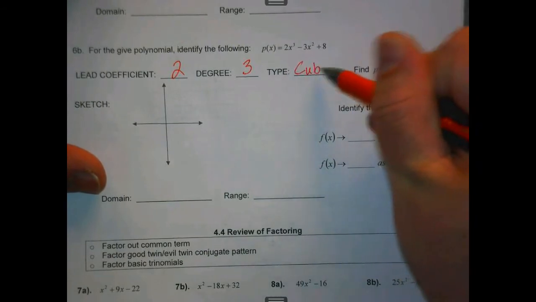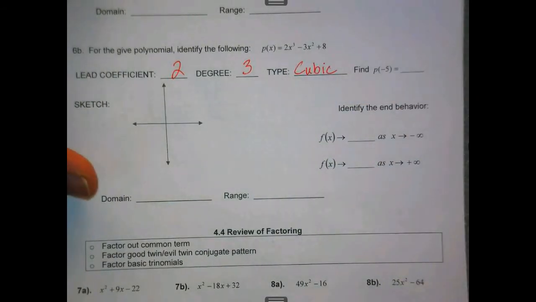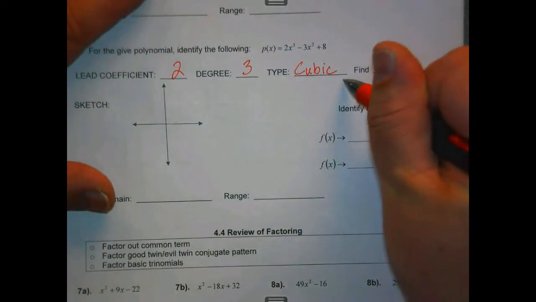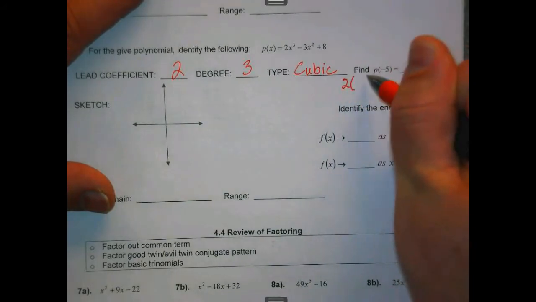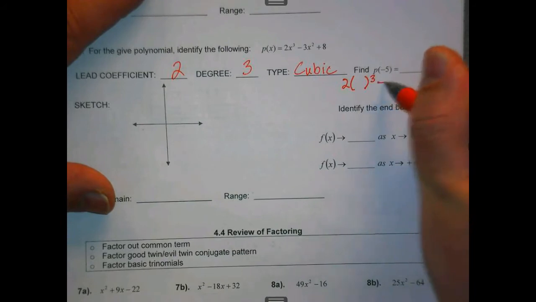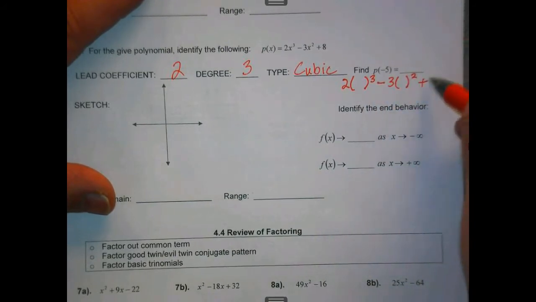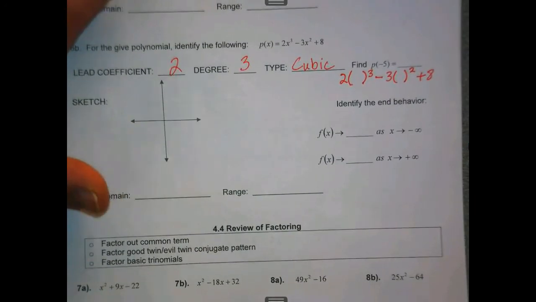Cubic. It's a cubic polynomial from Cuba. Find the P of negative 5. Again, wherever you see an x, put parentheses in, and then substitute in negative 5.